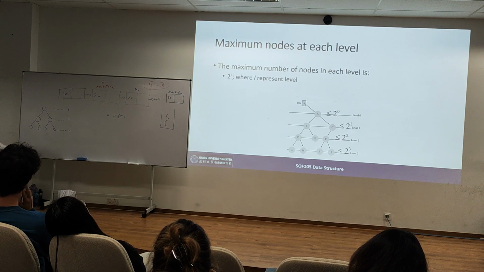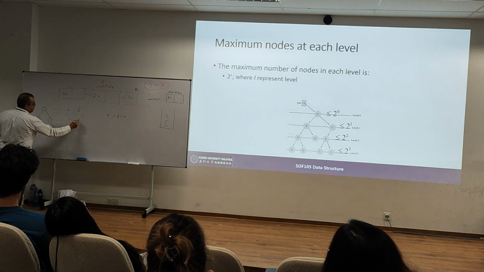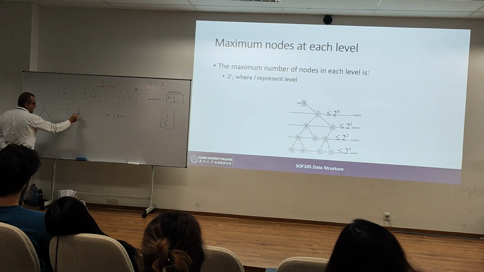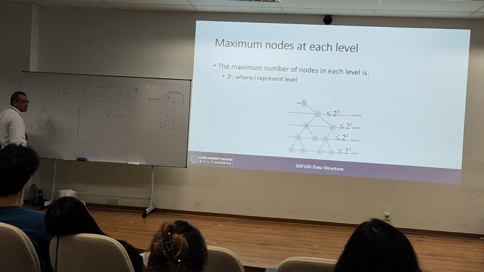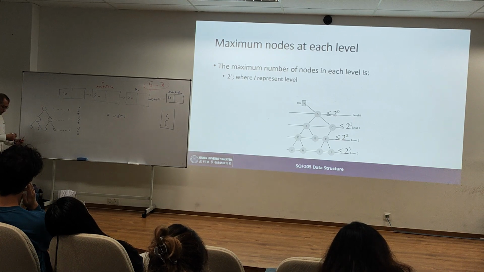Okay? How to count this, right? The summation of every level, correct? At these levels, I have 2 to the power 0, 2 to the power 1, 2 to the power 2. So, 2 to the power 0 plus 2 to the power 1 plus 2 to the power 2 will give me the total number of nodes. Correct or not? Yes.